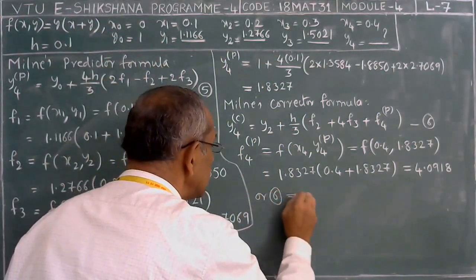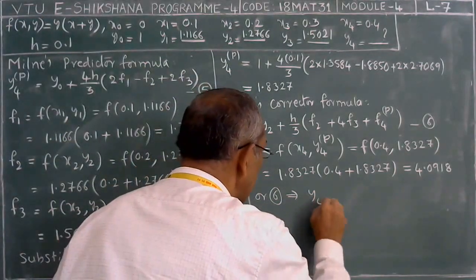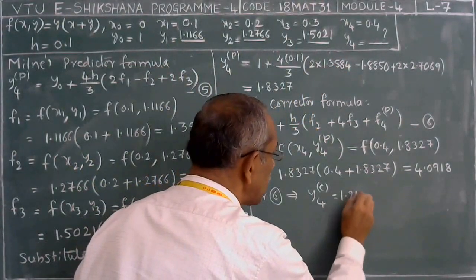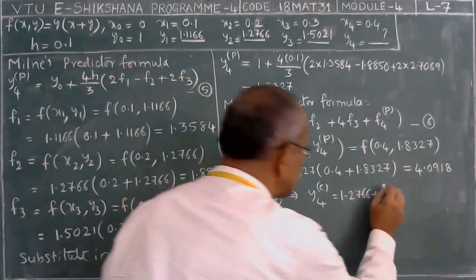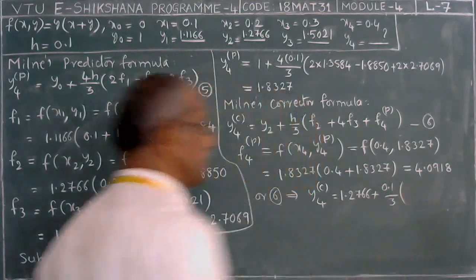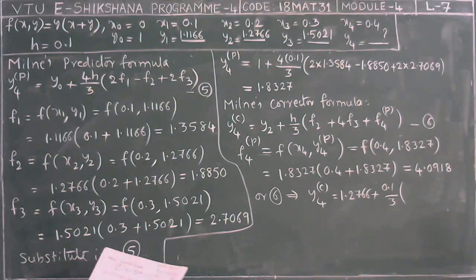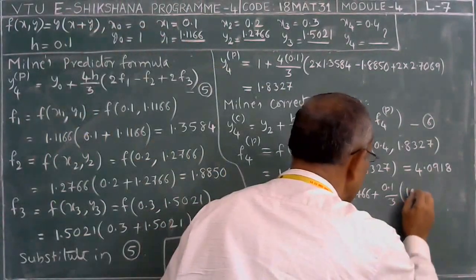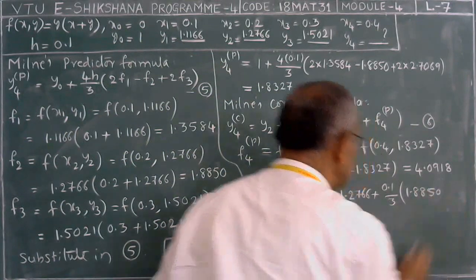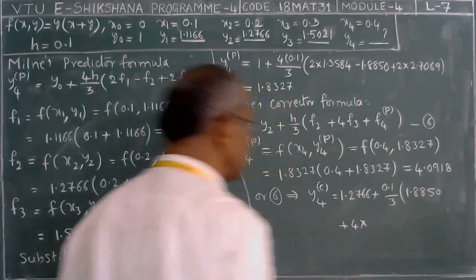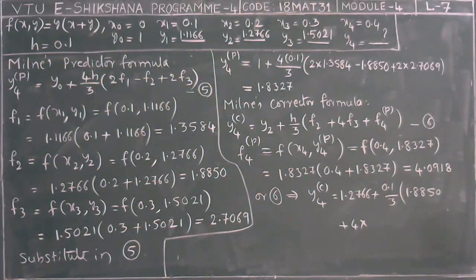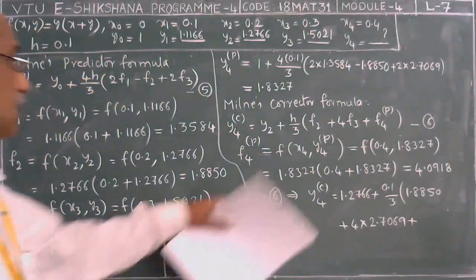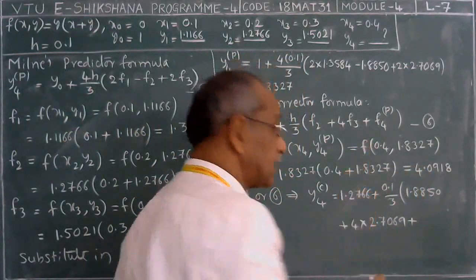So 6 implies y4c is equal to y2, which is 1.2766, plus h by 3, 0.1 divided by 3, into (f2, which is 1.8850, then plus 4 into f3, which is 2.7069, plus f4p, which is 4.0918).